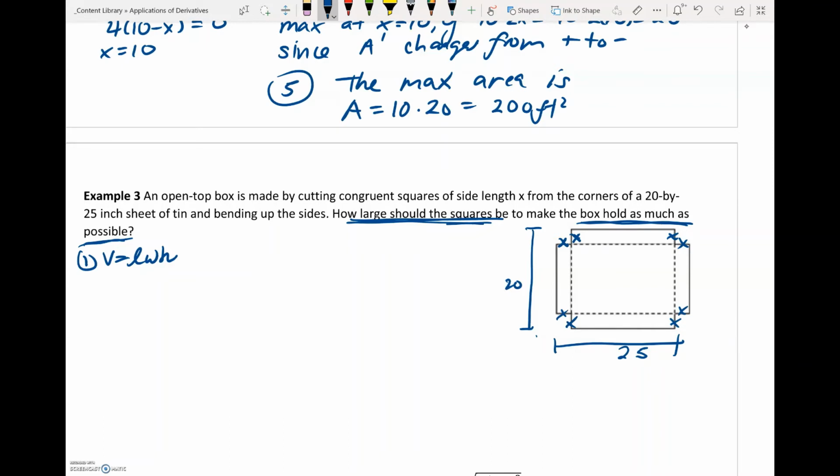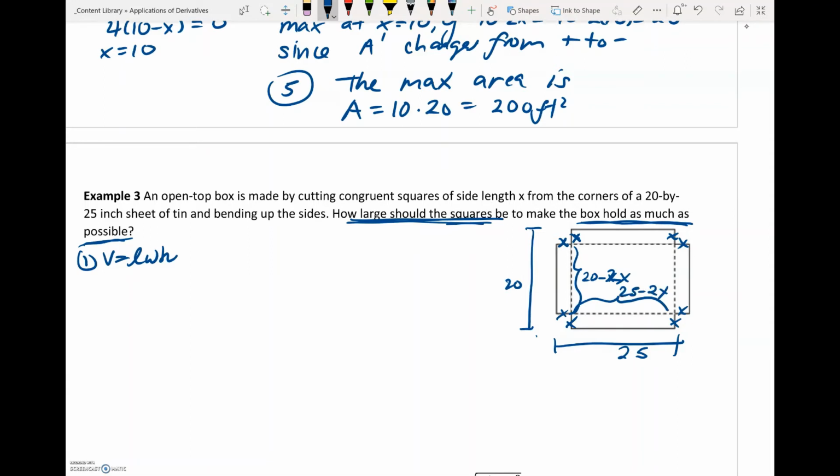Now, if I think about the actual length along here then, along here, this is going to be 20 minus the two x's on either side. And then on the bottom here, similar, but it's going to be 25 minus the 2x.